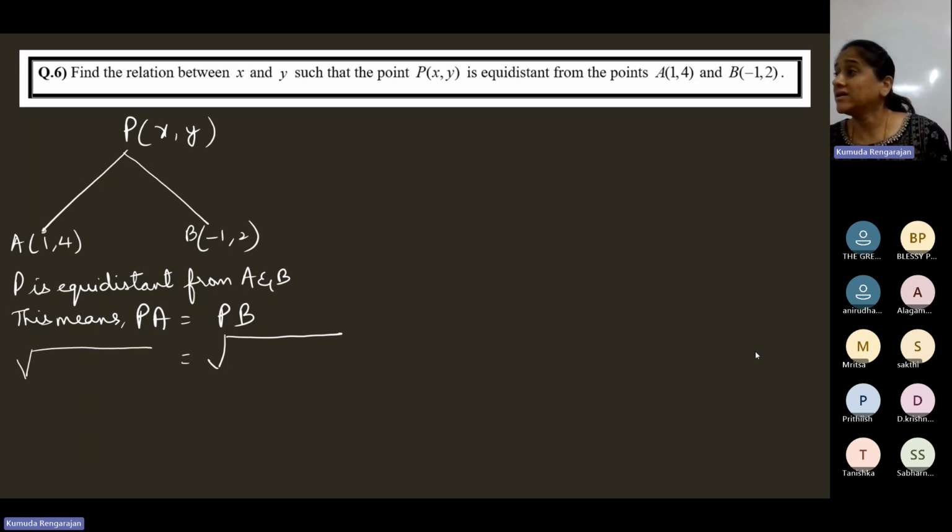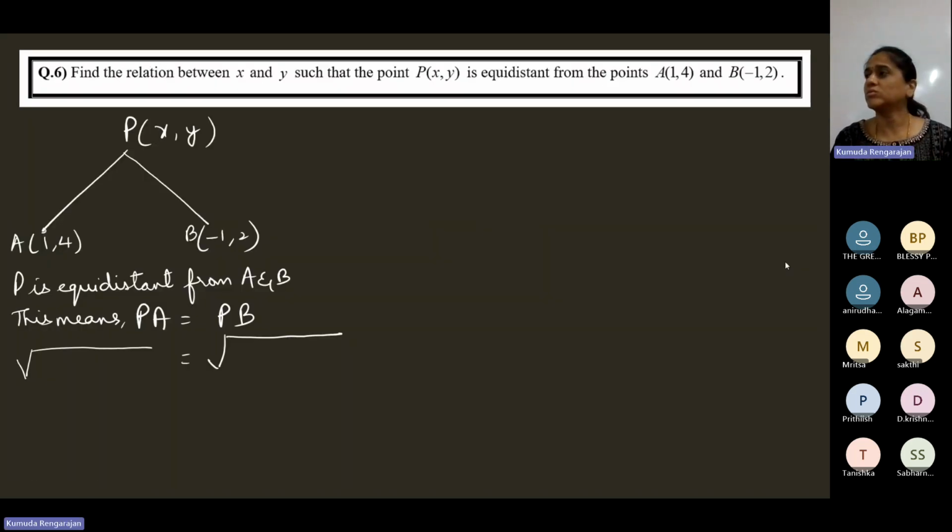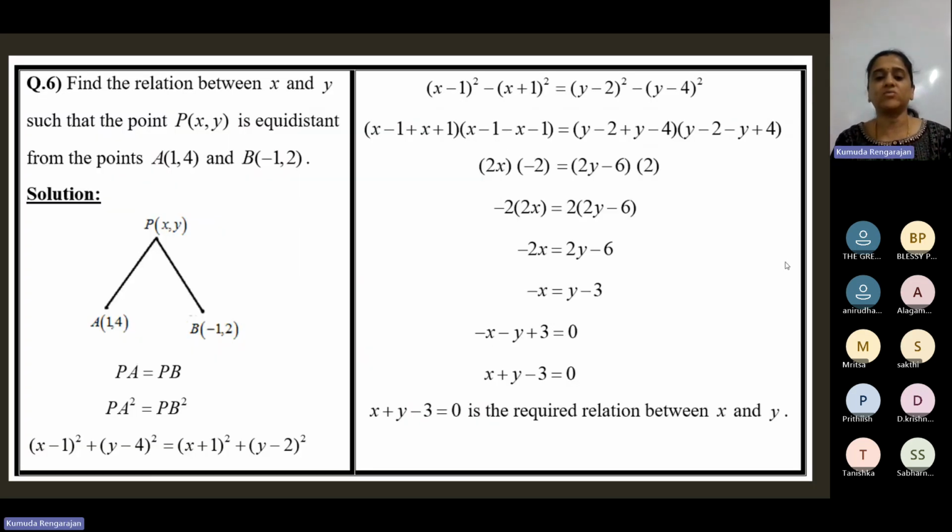Correct. X plus y is equal to 3, or x plus y minus 3 is equal to 0.